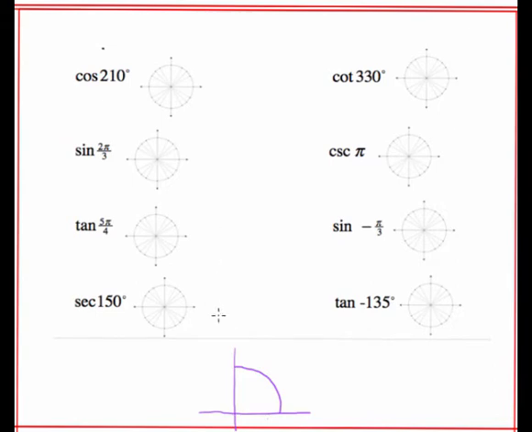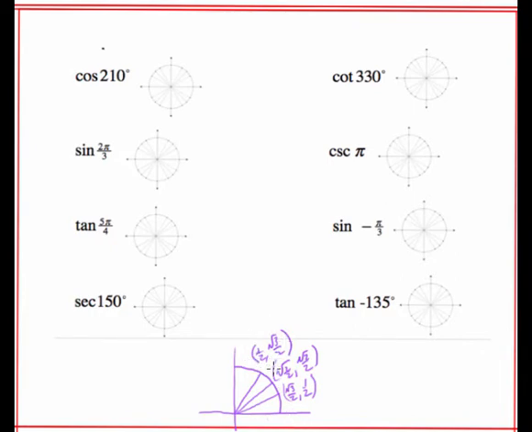Okay, so here's our 30, here's the 45, here's the 60. And again, this is all we really need to know: square root of 3 over 2, 1/2, square root of 2 over 2, square root of 2 over 2, and the 1/2, square root of 3 over 2. All the other ones we can figure out right from here.